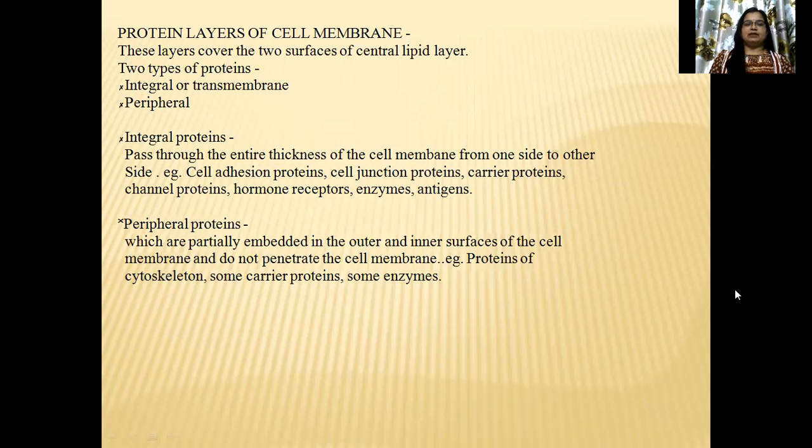For example, cell adhesion proteins, cell junction proteins, carrier proteins, channel proteins, hormone receptors, enzymes, and antigens. Next is peripheral proteins, which are partially embedded in the outer and inner surfaces of the cell membrane and do not penetrate the cell membrane. For example, proteins of cytoskeleton, some carrier proteins, and some enzymes.